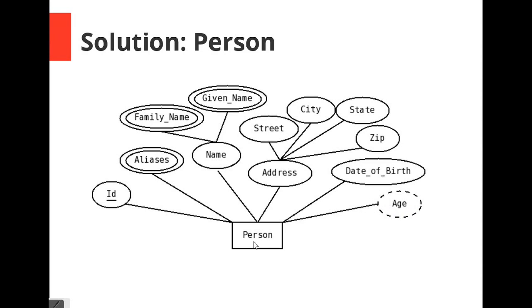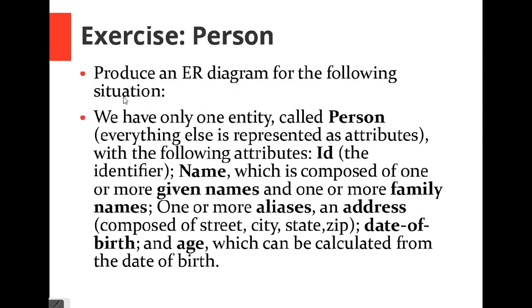So basically, this is the representation of the person object as described in the exercise. We have a person, we have the ID as the identifier, the name which is composed of the given names and the family names, and it can have one or more given names and one or more family names, making given name and family name multi-valued.